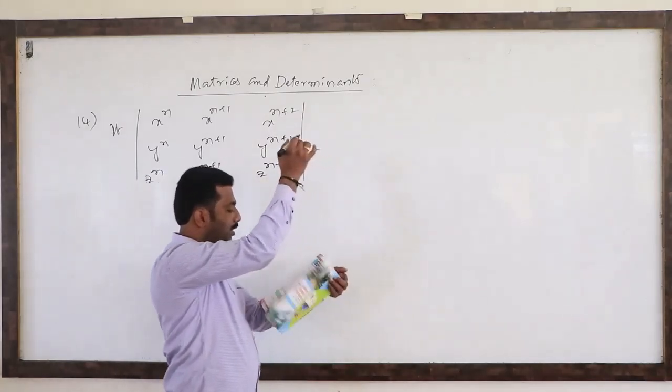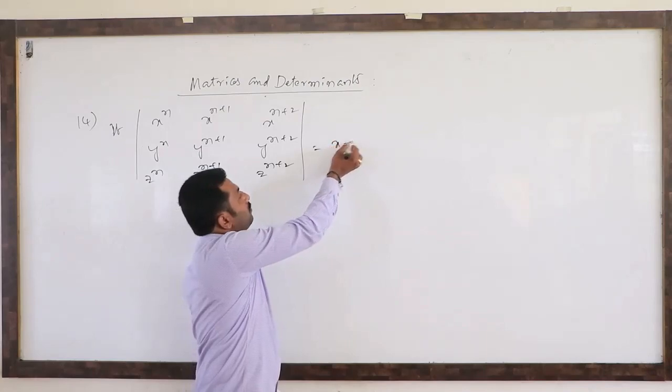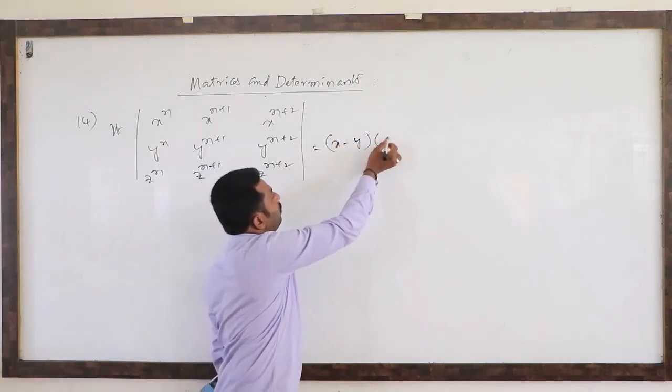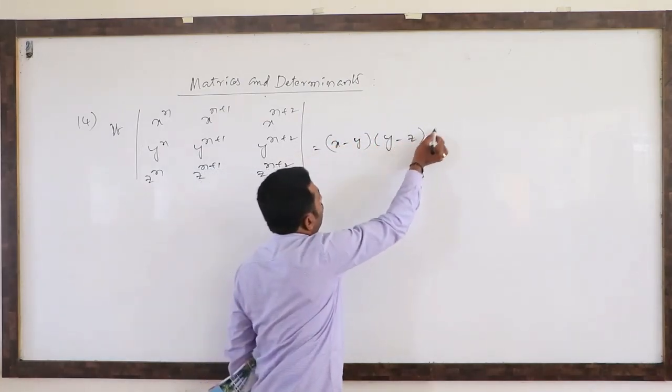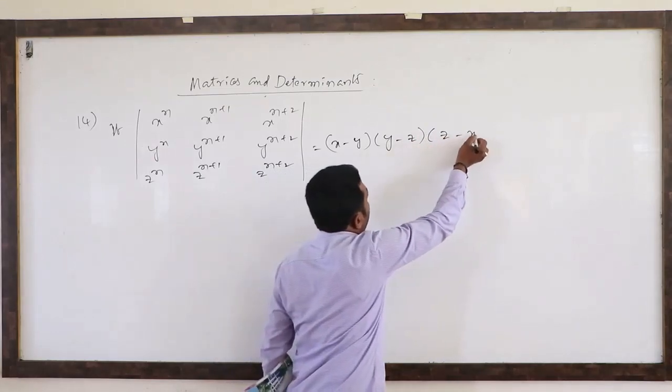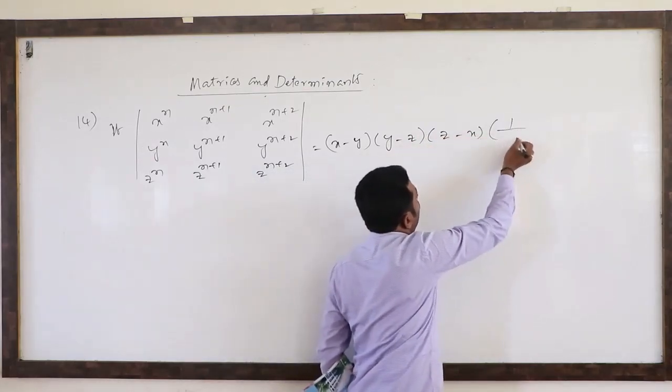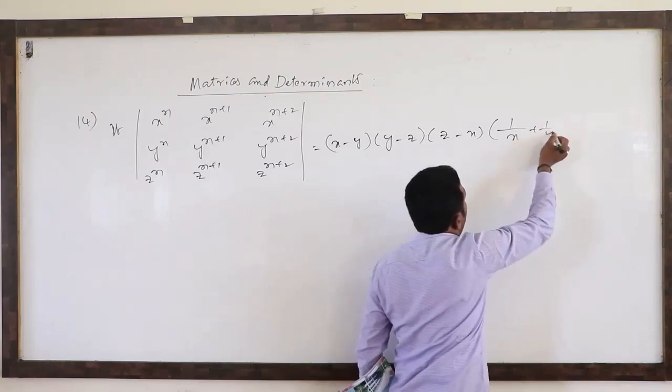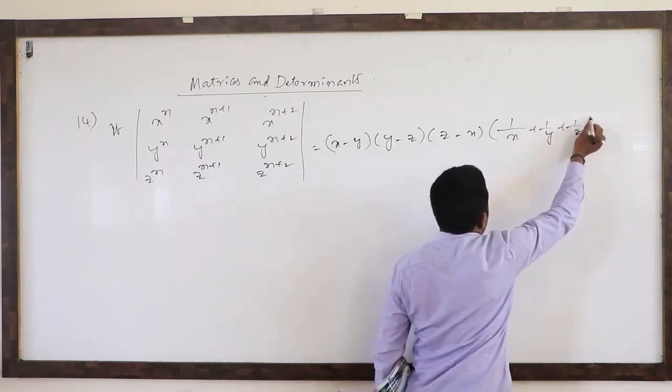They are asking: x minus y into y minus z into z minus x into 1 by x plus 1 by y plus 1 by z.